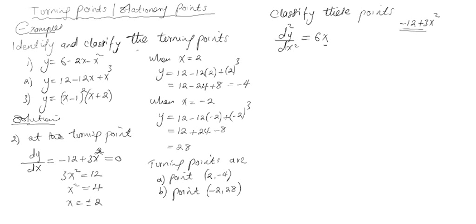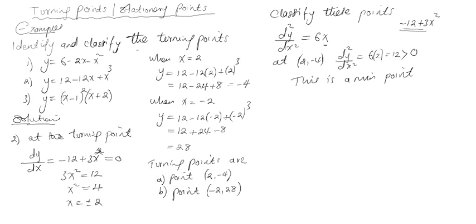So at 2, negative 4, this is the first turning point, the second derivative is equal to 6 multiplied by 2, this is 12, it's greater than 0, and therefore this is a minimum point.